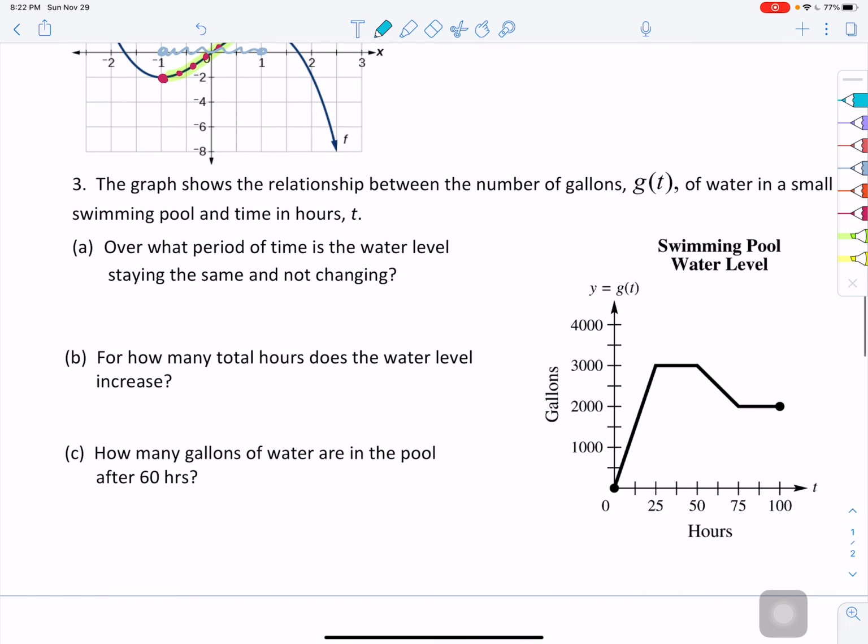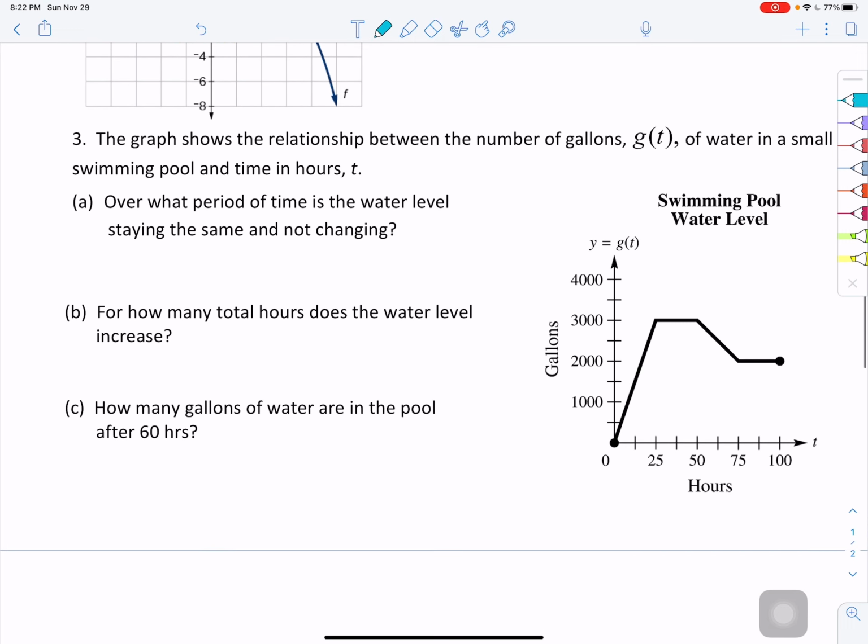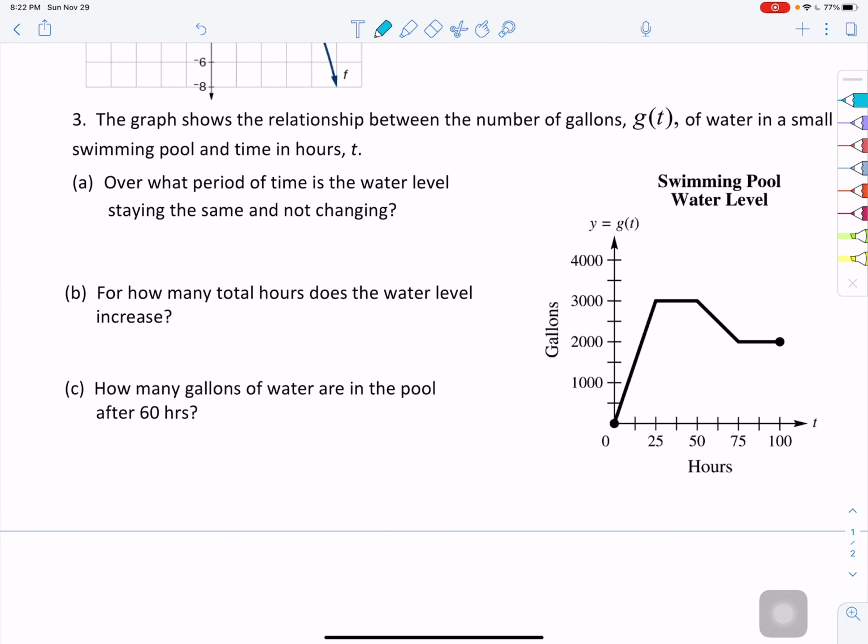Okay, let's take a look at number 3. This is the same graph given in your initial lesson video, but these are different questions. And basically what was happening is from time equals 0 to time equals 100 hours. So this event took 100 hours.